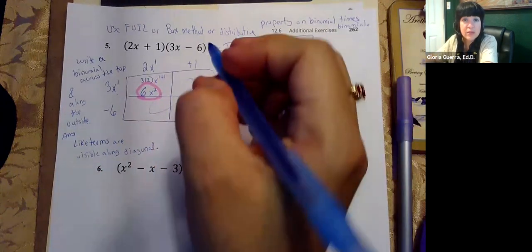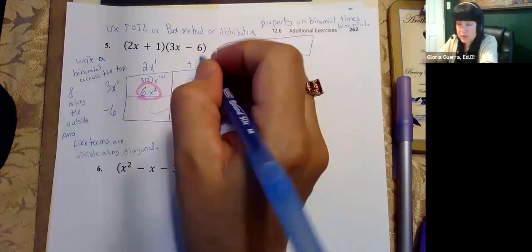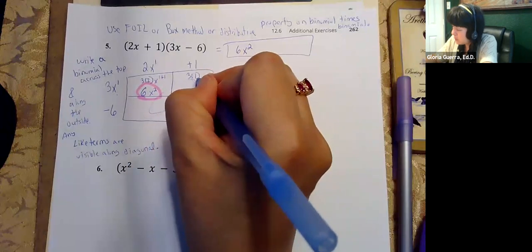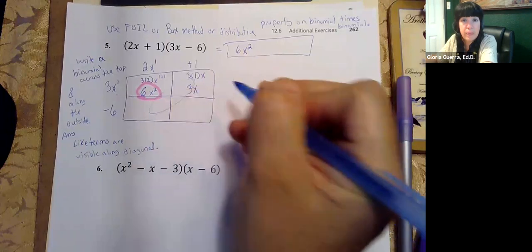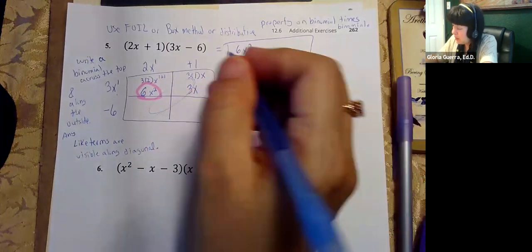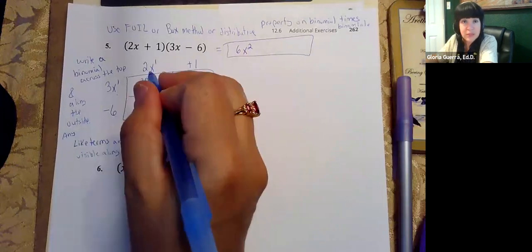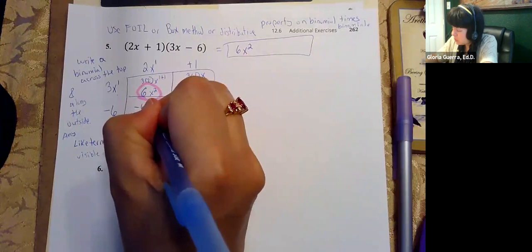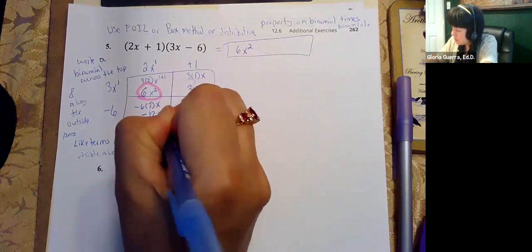So 3x times 1 is just 3x, right? So 3 times 1 with respect to x, that's 3x times 1. And then -6 times 2x is -12x, okay?